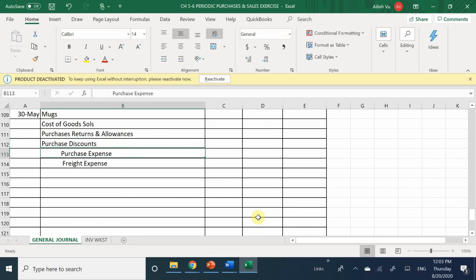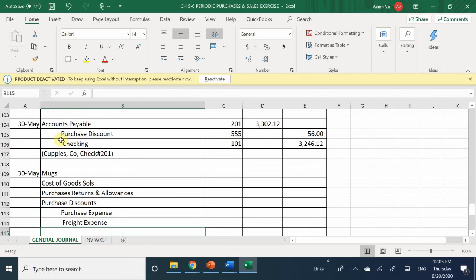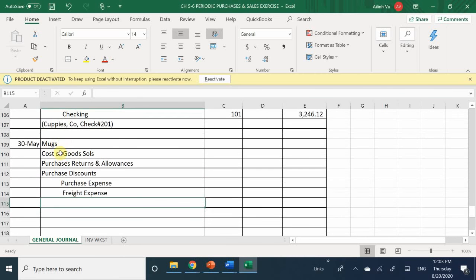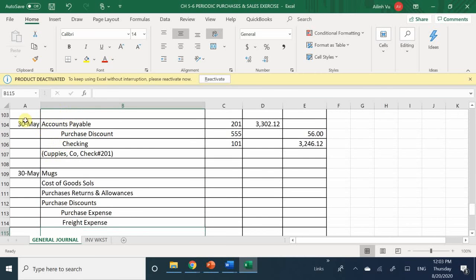And in this case, purchase discounts is for sure a contra account. It's supposed to lower or decrease your purchase expense. So it has to look like this. That's what I was thinking as well, because we had the purchase discounts. So this is actually the correct way of doing it. So this kind of went over my head. But okay, let's go ahead and solve for the rest of the equation here.